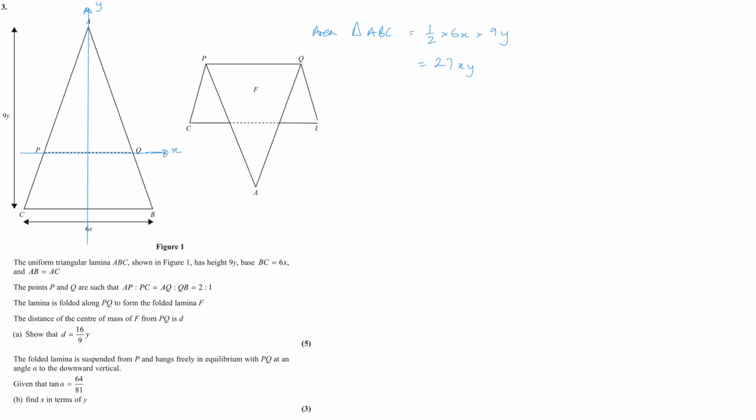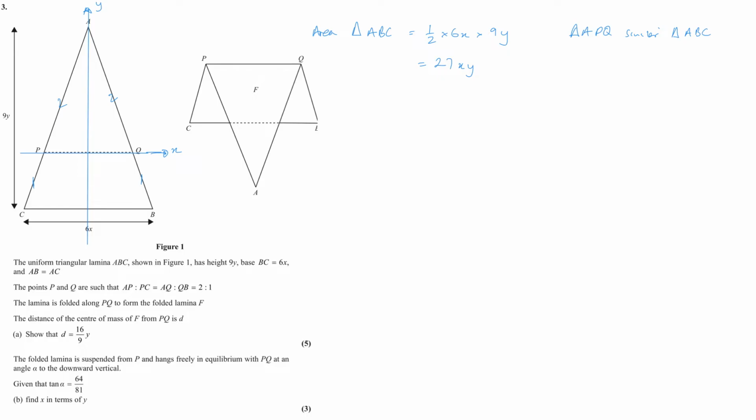Now triangle APQ is similar to triangle ABC. Okay, they're similar triangles. It's in the ratio of 2 to 1, and that's 2 to 1 there, which when you look at the lengths, that's in the ratio of 2 to 3.